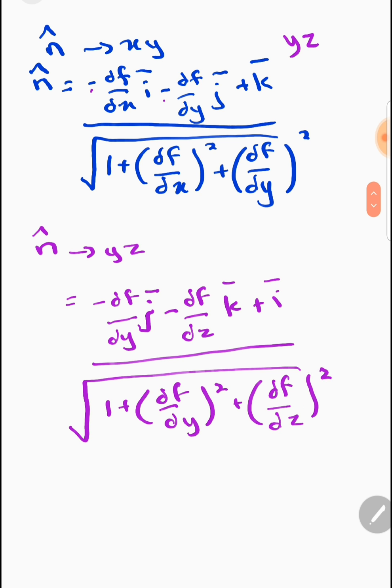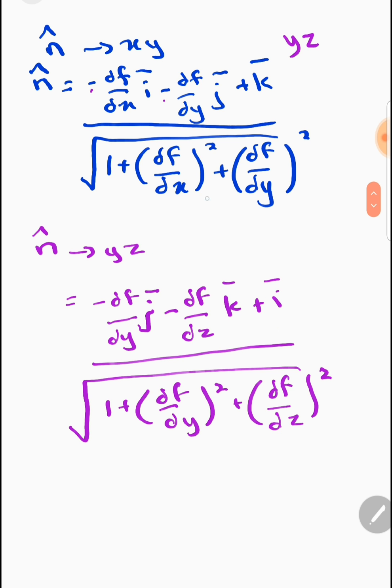Alright, so again, just the same thing, even if it's an xz plane. So you guessed it correctly. Just use whichever terms you have for the plane that is involved to be the first two terms, and make sure that they are negative, and then the remaining term will then be a plus.